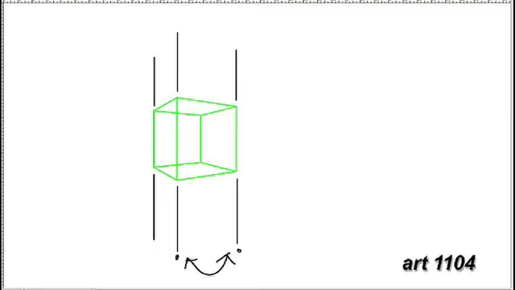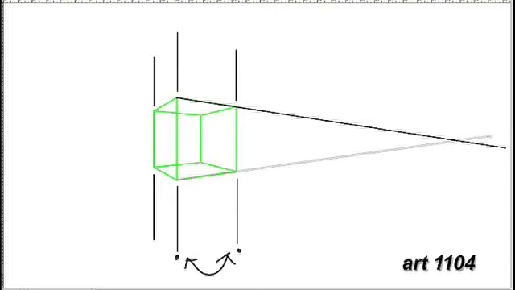However, in the same way as before in the one-point perspective, there are edges that are receding into three-dimensional space and would converge at a common point in the scene. And so here we're going to just note this as one of our vanishing points. So here's our first vanishing point.